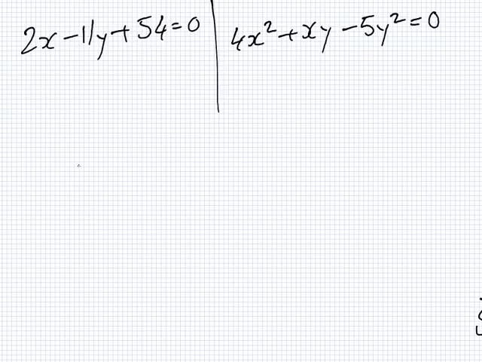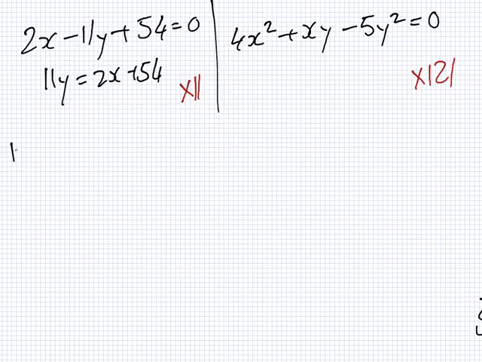What you could do here is say 11y equals 2x plus 54, and then multiply this by 11 and multiply this by 121. So this is 121y equals 22x plus 596, is it?